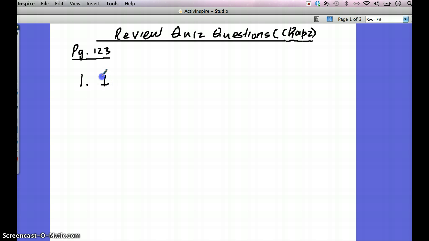Okay, let's just go ahead and write that out. If segment HJ is congruent to segment LM, then segment LM is congruent to segment HJ.